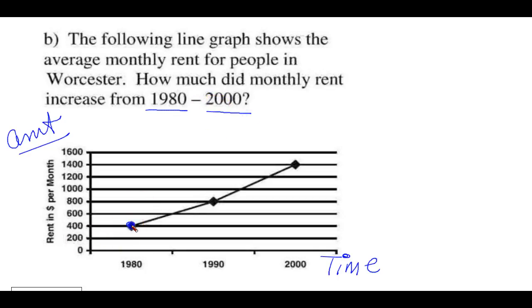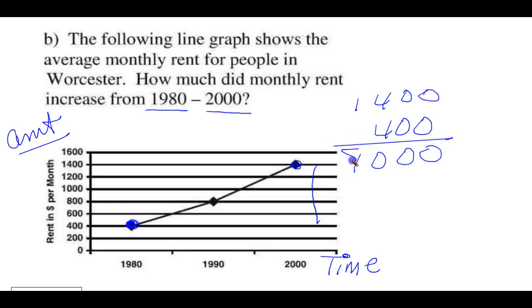So there's 1980 and the year 2000. What was the increase? Well, we started off with 4,000 and it went to 14,000. So the increase is 10,000. And again, the trend that they're showing is that it keeps increasing.